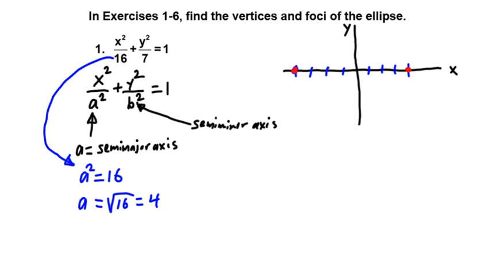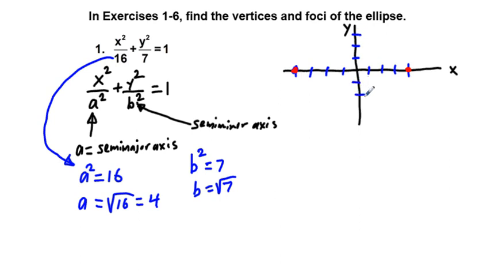Not that it's asking for it in this problem, but b squared is equal to 7, so b is equal to the square root of 7. That's going to be our semi-minor axis, and the square root of 7 is between 2 and 3.